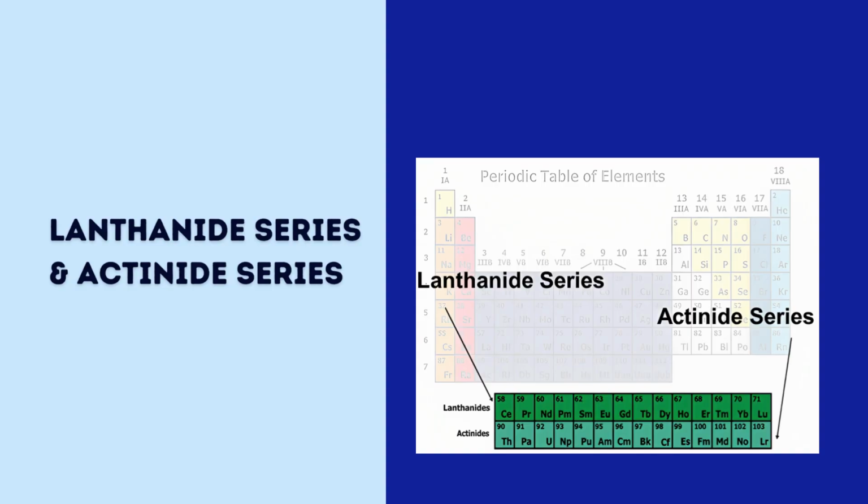The actinide series consists of 14 elements with atomic numbers ranging from 89 to 103. These elements are all radioactive and most are synthetic, meaning they are not found naturally on Earth. Both series are located at the bottom of the periodic table and are part of the F block elements.